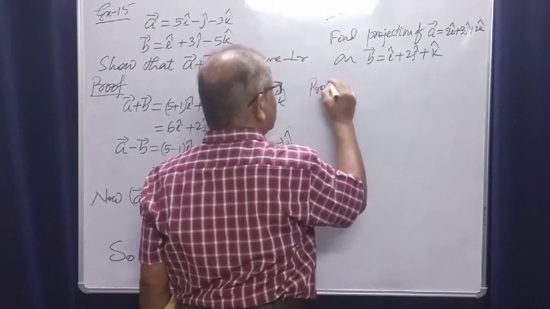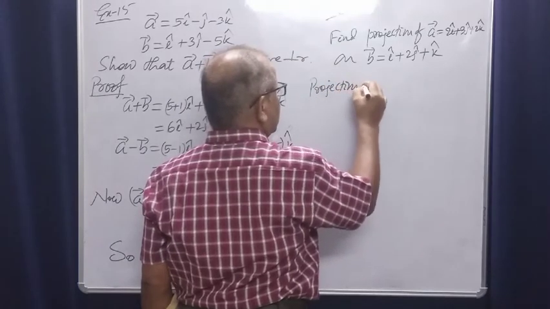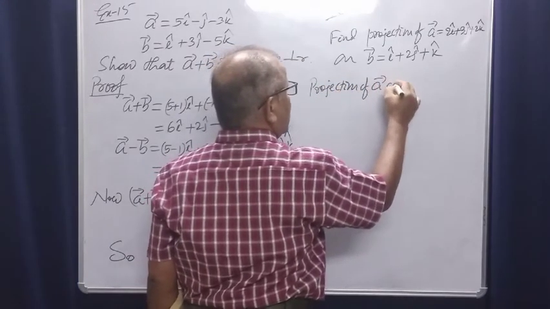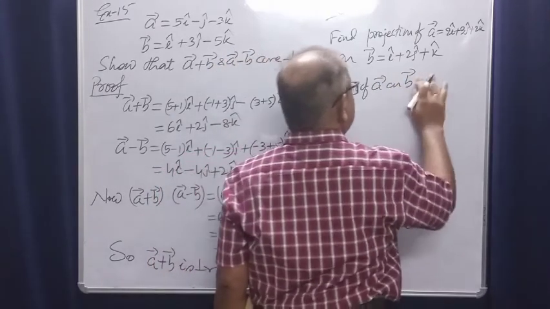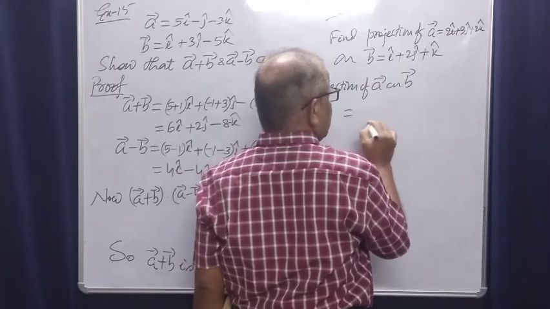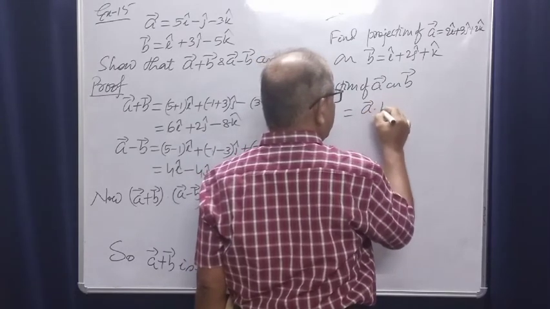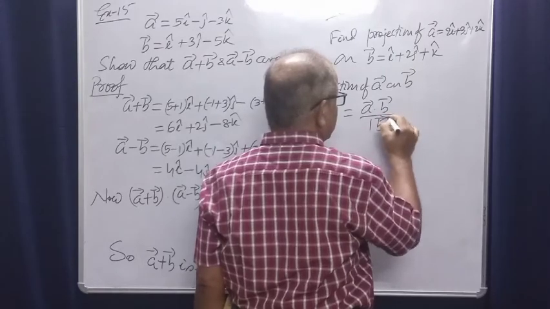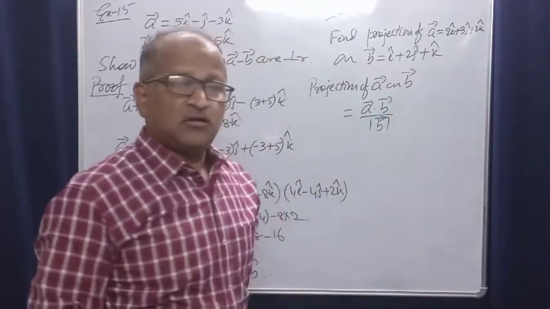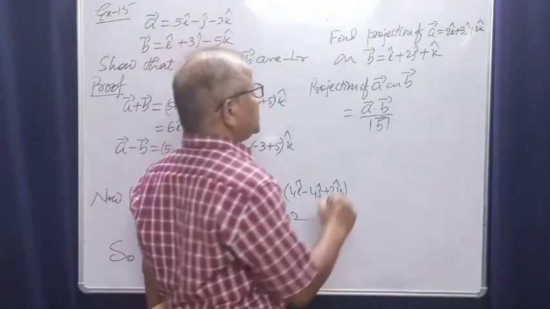Projection of A on B is equal to, yes, A dot B by magnitude of B. This is the formula. So what is A dot B?